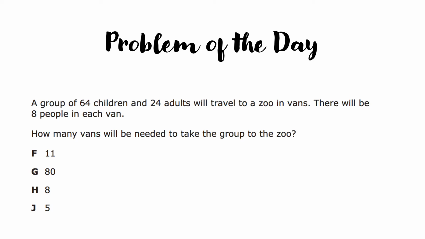Now let's go ahead and do the draw. I have 64 children, and the most efficient thing to do wouldn't be to draw 64 children. I'm just going to draw maybe a little smiley face as best as I could, and I'll draw a 64 next to it to let me know that that is 64 children.